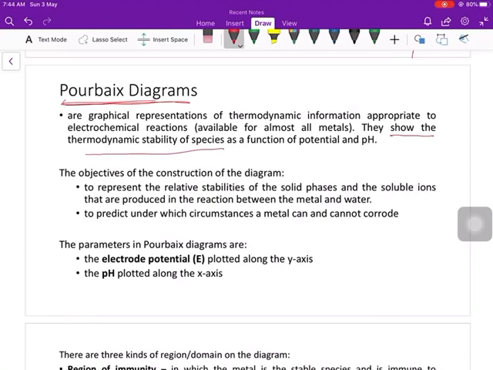So the diagram shows the thermodynamic stability of species as a function of potential E versus pH. So the objective of constructing this diagram is to represent the relative stabilities of solid phases, for example, ferrum, the oxide of ferrum, the solid phases, and the soluble ion.